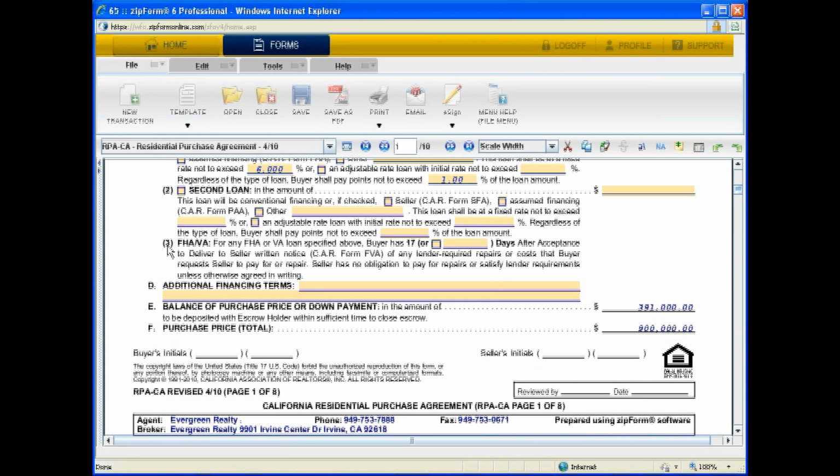The new way that the offer is laid out, it says, for any FHA or VA loan, buyer has 17 days after acceptance to deliver to seller written notice, and there's the form, CAR Form FVA, of any lender required repairs or costs that buyer requests seller to pay for.